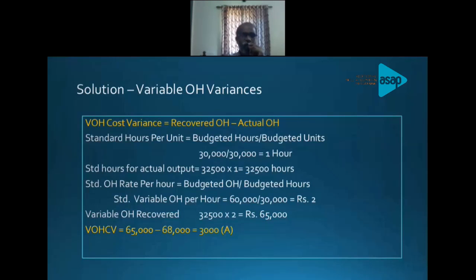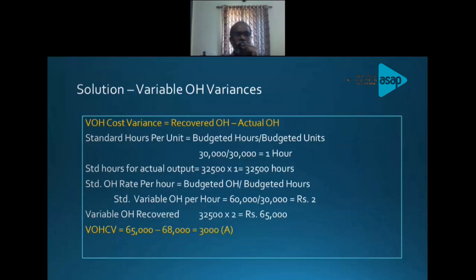So first of all, we are calculating the standard hours per unit. It is calculated by applying the equation budgeted hours divided by budgeted units.